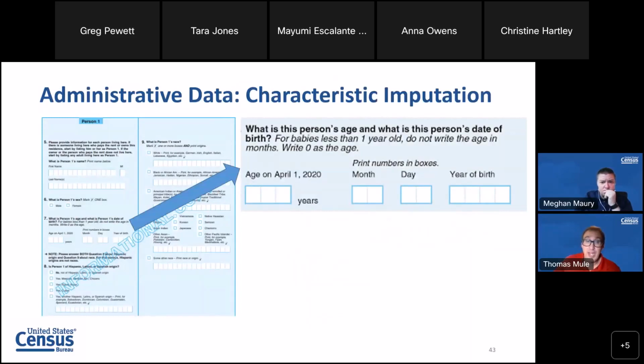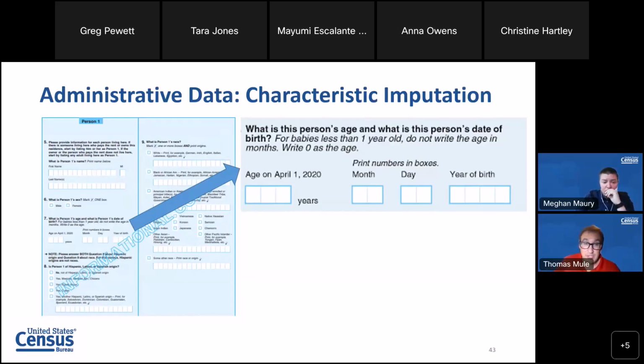Another area where we were able to use administrative record data was for age information. With age information, we were able to use information from our past census. We were also able to use information collected during the American Community Survey, and information available from the Social Security Administration.